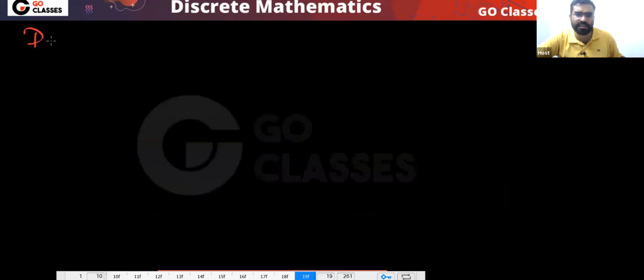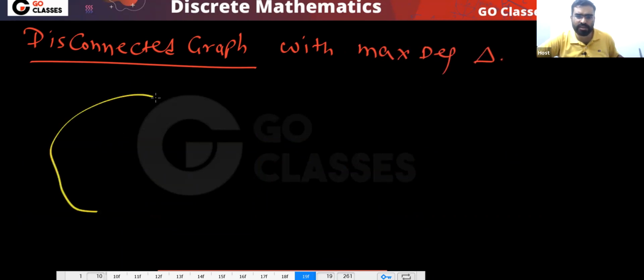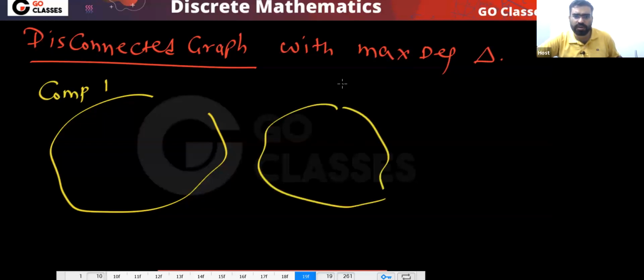See, if you have a disconnected graph, then this is also applicable. Let's assume you have a disconnected graph with maximum degree delta. Because it is disconnected, there is a component, component 1, and this is some component 2, and so on.